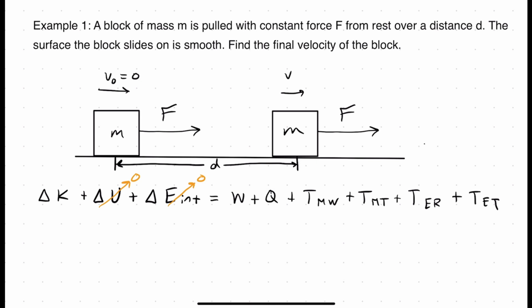There is work being done because the point of application of the force is moving the block. So we'll leave that one. There's no heat transfer because the problem doesn't mention anything about that. And it also doesn't mention anything about mechanical waves, mass transfer, electromagnetic radiation, or electrical transmission.